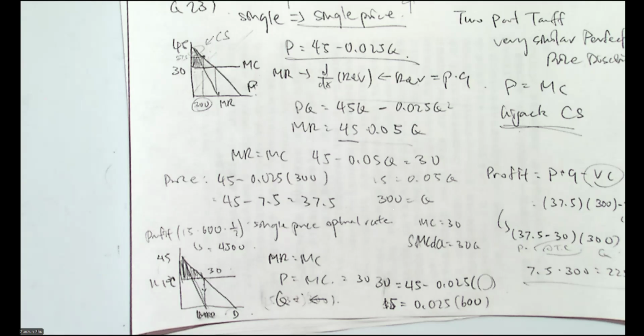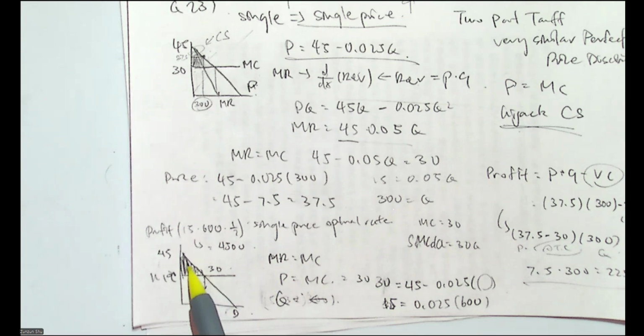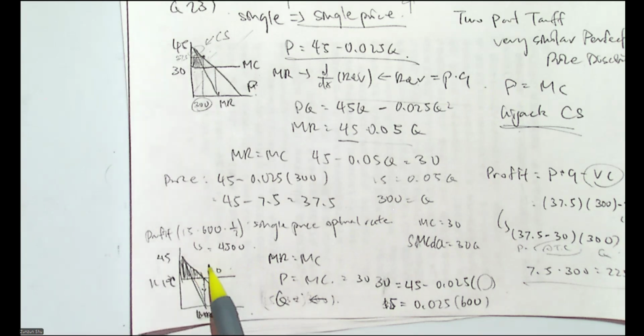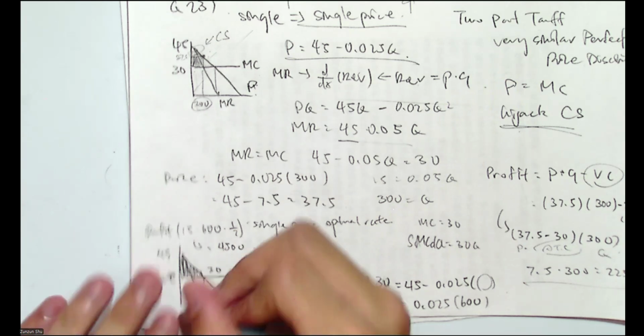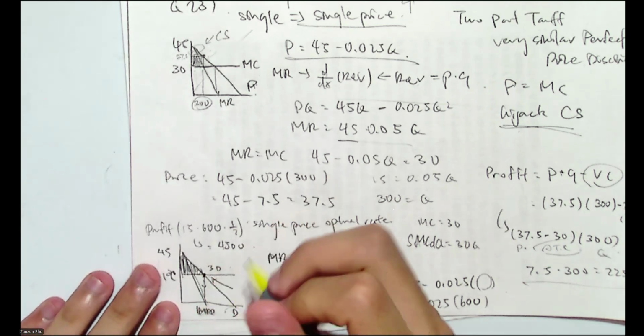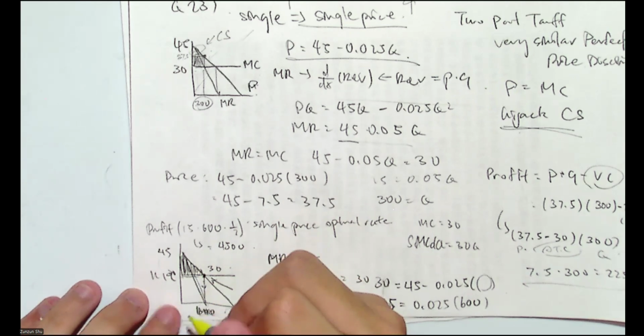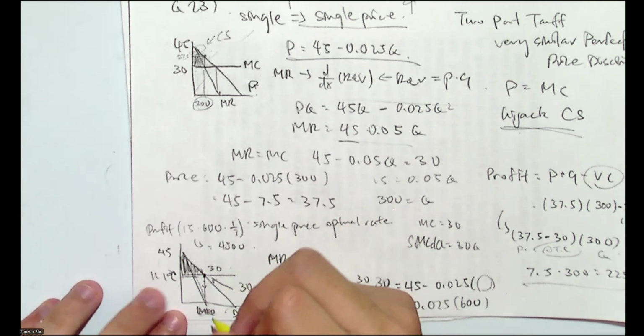But in a two-part tariff, this graph, by the way, would also apply for first-degree perfect price discrimination. But instead of making it depend on the individual traits of the consumer, here you are actually so-called benefiting them by giving them a decent equilibrium price of 30, a perfect equilibrium price.